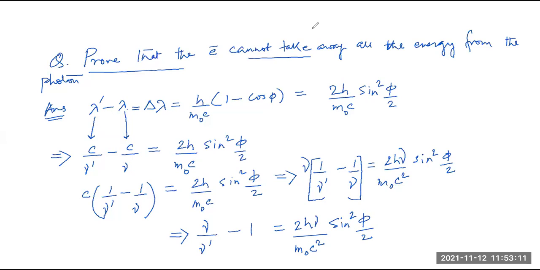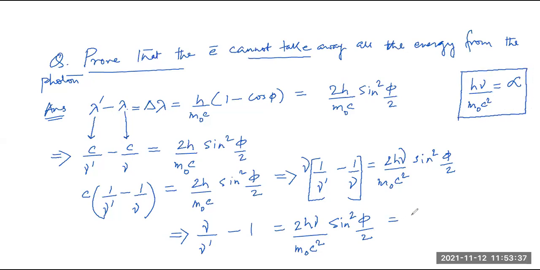So what is nu by nu prime? Let us put h nu by m naught c square as a quantity called alpha, because this expression is quite big, so we make it smaller.